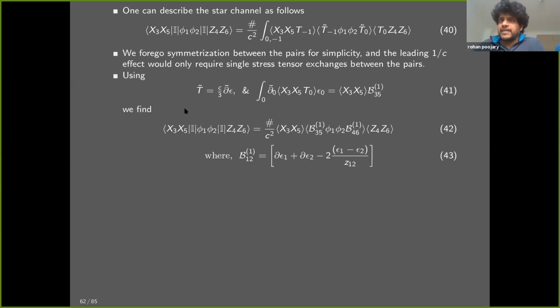Now, simply using the fact that T tilde is derivative of epsilon, you can write this kind of an integral, which is basically divergence acting on x3, x5, T0 to be x3, x5 expectation value b135. Okay, this is the kind of, so if you look at 41, this is exactly what we are trying to do.